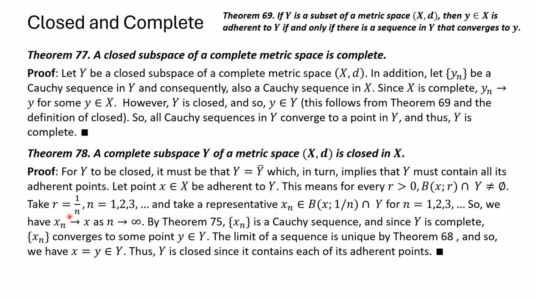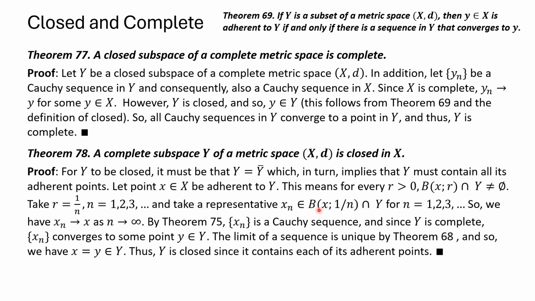Then what we do is take a series of r's, smaller and smaller, 1, then 1/2, 1/3, and we form an open ball of each of these different radii.